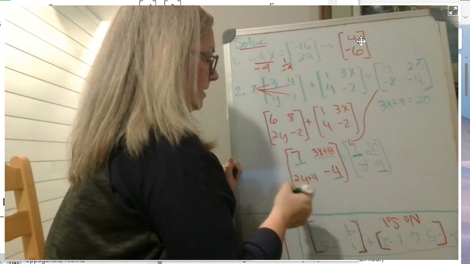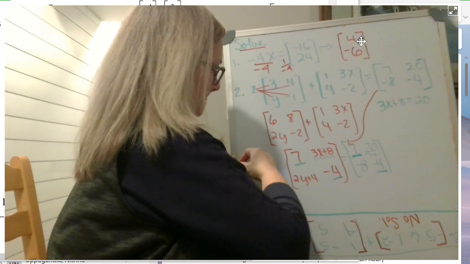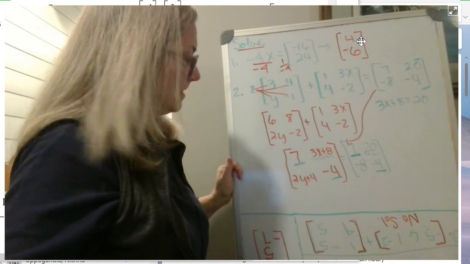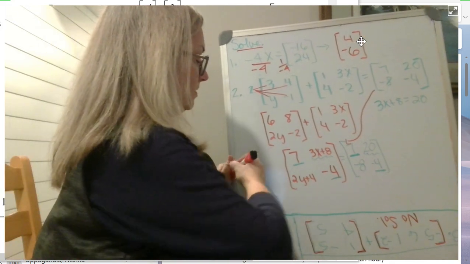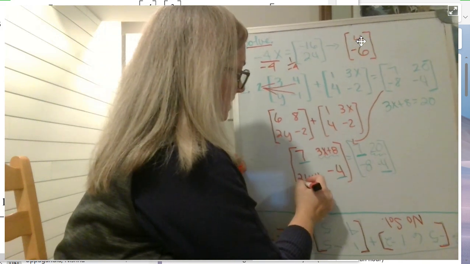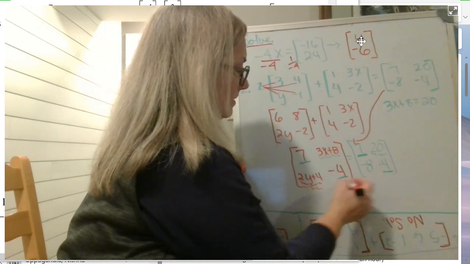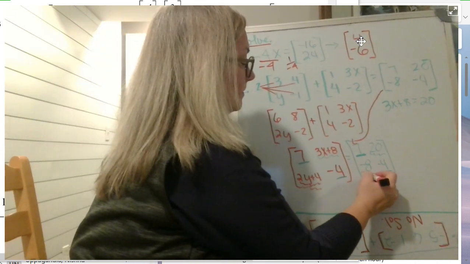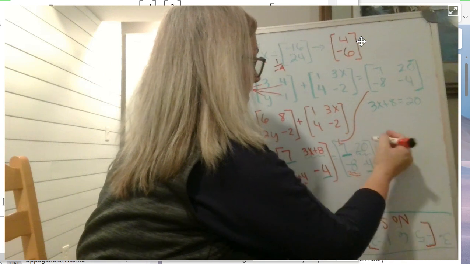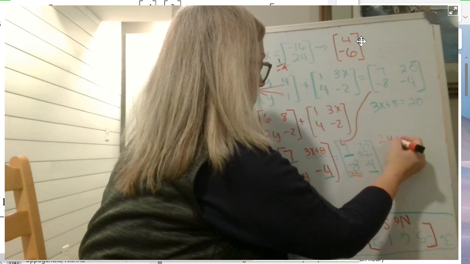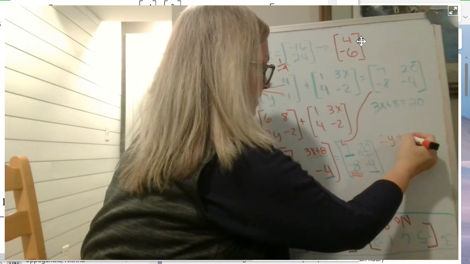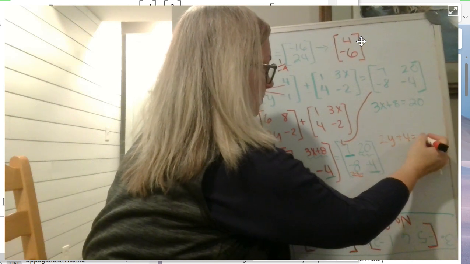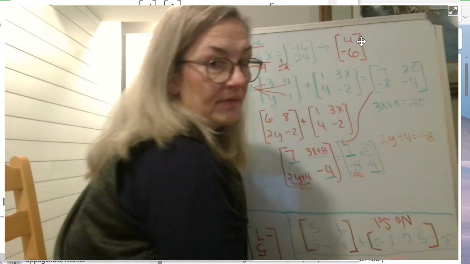I set those equal. And I'm also going to set my y's equal to negative 8. So 2y plus 4 equals negative 8.